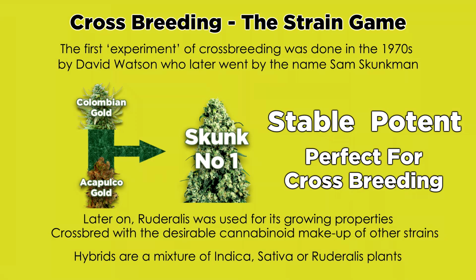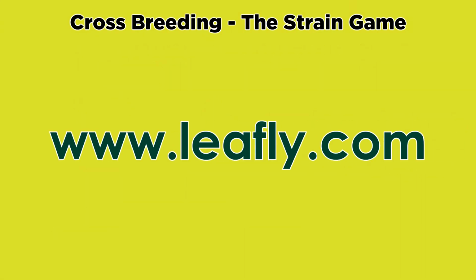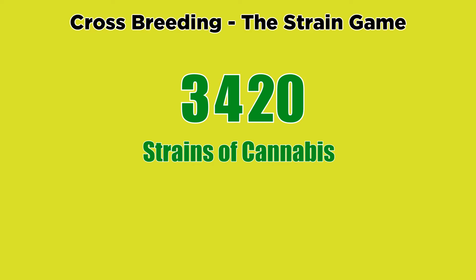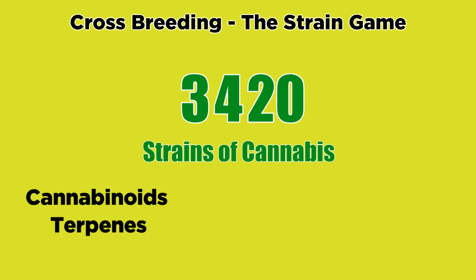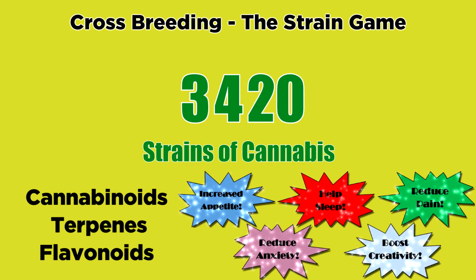This creates a new strain, and according to Leafly.com, which is a US-based cannabis database and information site, there are currently over 3,420 different strains of cannabis available. The different chemical balances of cannabinoids, terpenes and flavonoids produce different effects and are marketed as such. For example, some are marketed to increase appetite, help with sleep, pain, anxiety, or boost creativity.